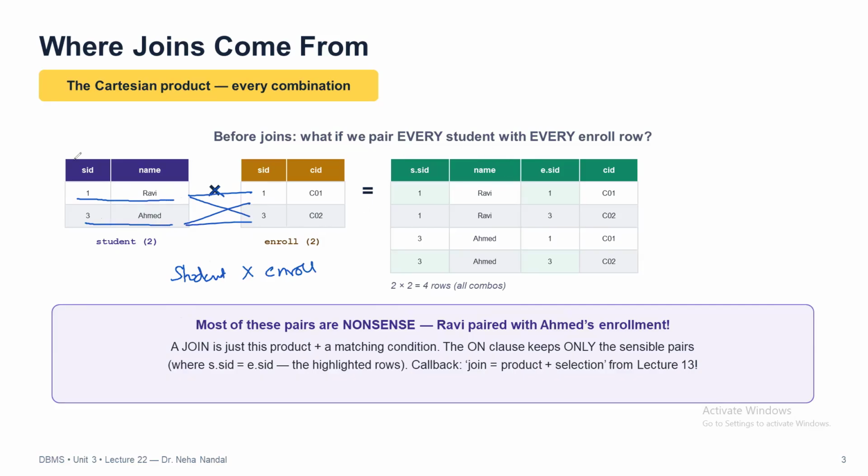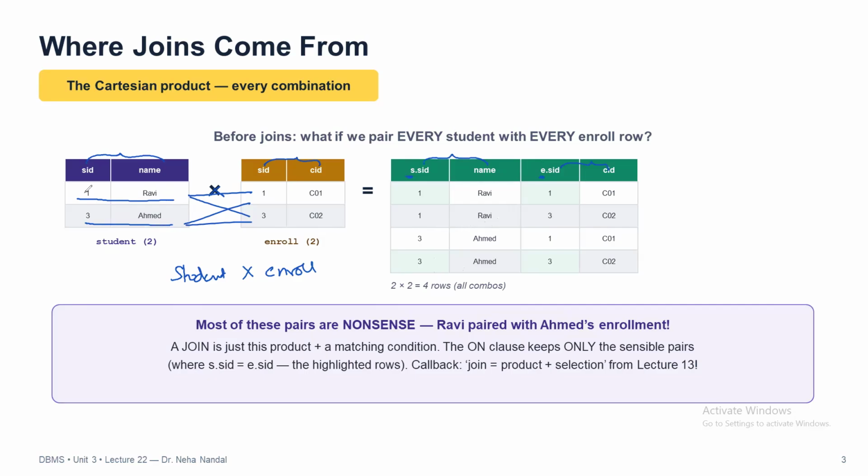The final output will have both columns of the student table and both columns of the enroll table. S dot SID means it belongs to student, and E dot SID belongs to enroll.